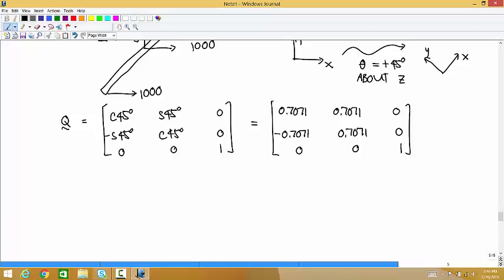How does the matrix work? Oh, it's the right-hand rule. So imagine your finger is doing the rotation. Your thumb tells you the direction of the rotation.